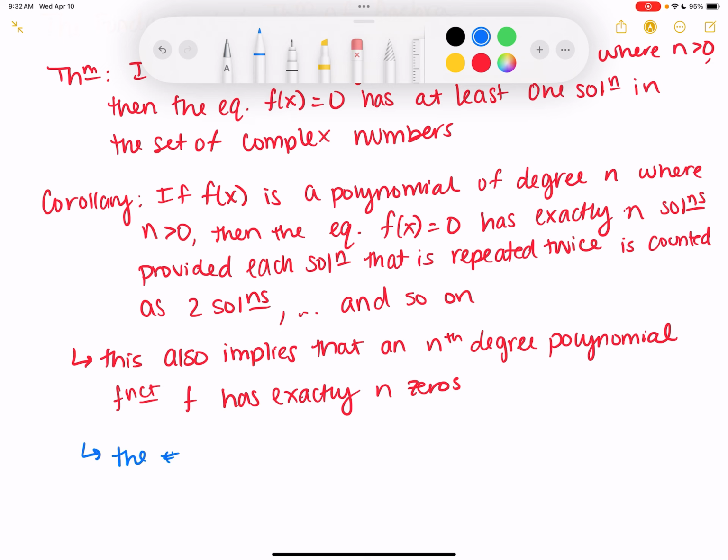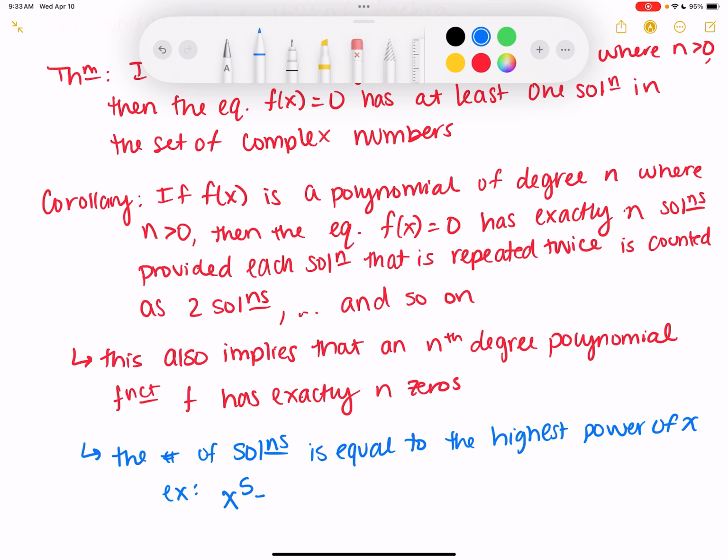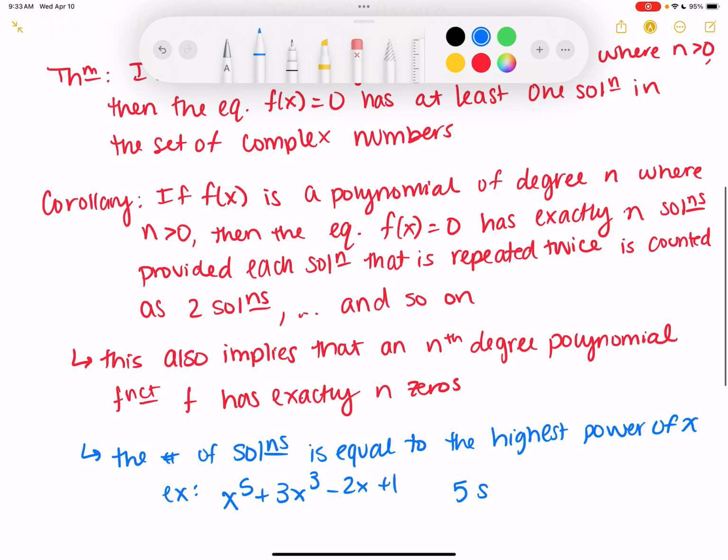The number of solutions is equal to the highest power of x. So for example, if we had x to the fifth plus 3x cubed minus 2x plus 1, this would have 5 solutions.